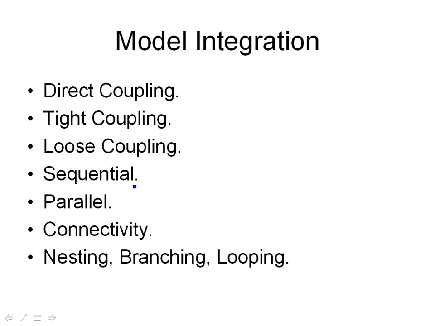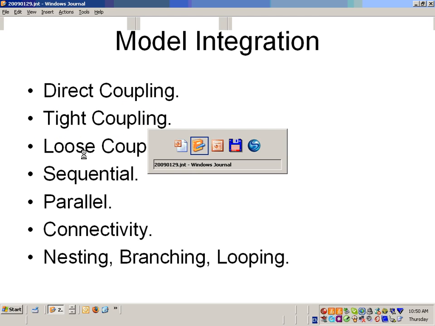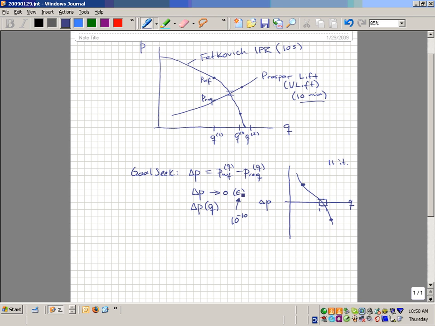So I'm not sure what I would call direct coupling and tight coupling, but tight coupling would be driving this epsilon to a very low value. That's what I would call tight coupling. Or low tolerance.